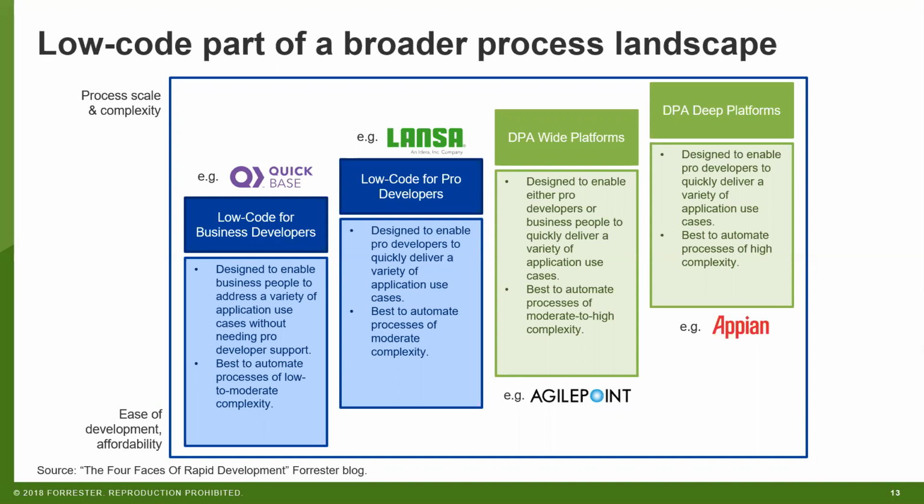And the vendors, it's important to understand, if you're really going to drill into process automation as your primary use case, well, then you've really got to pick a vendor that is very strong in process automation.